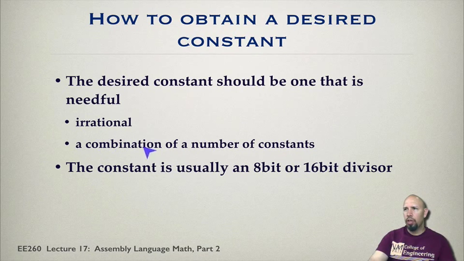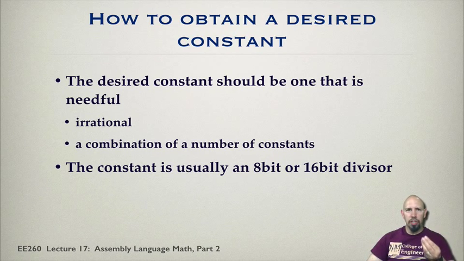Or it may be that we're looking for a combination of constants, a whole product or ratio of constants, and we want to lump that together and get a single number that represents that. Generally we want that to be a 16-bit or an 8-bit divisor. So how would we do that?